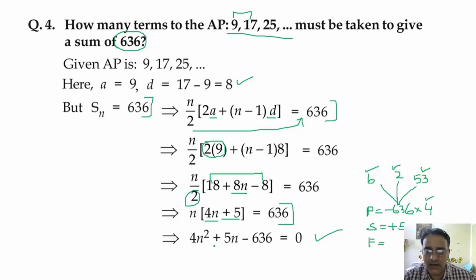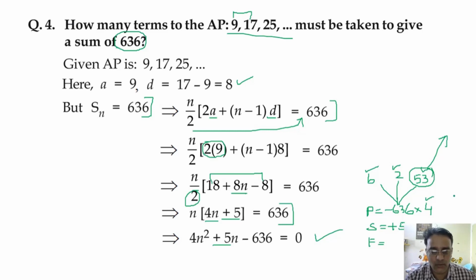The difference should be an odd number, which means one should be even and the other should be odd. Here only one is an odd number, that is 53. So we'll keep it aside. Now multiply all these other numbers: 6 into 2 into 4. How much are you getting? 48. So 48 and 53 have a difference of 5.